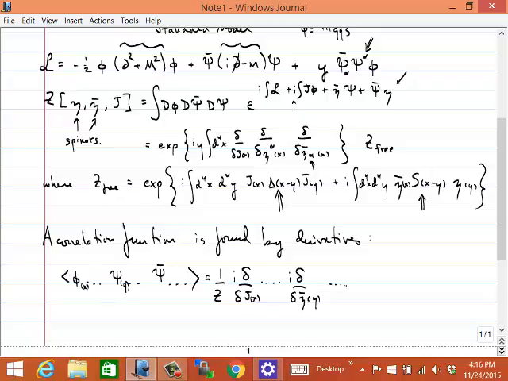And then for each factor of psi bar, we would need to take a derivative with respect to eta, say inserted at point z. And all of this would act on your generating function. And then after taking those variational derivatives, you would set all the j's and etas equal to 0.